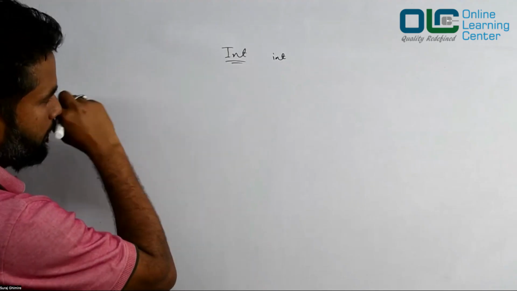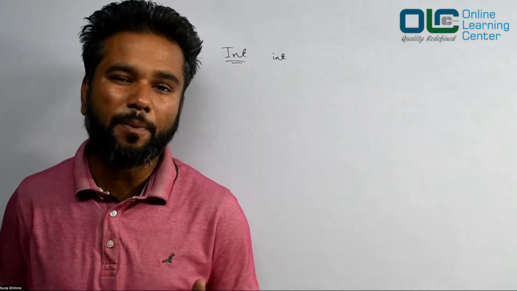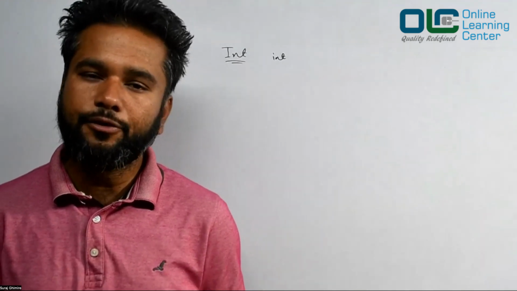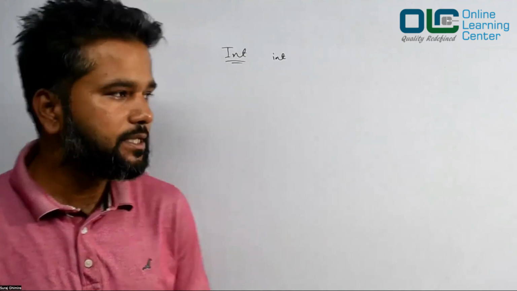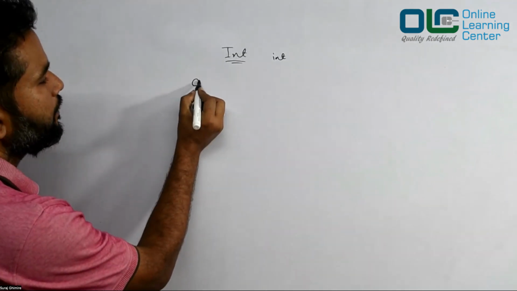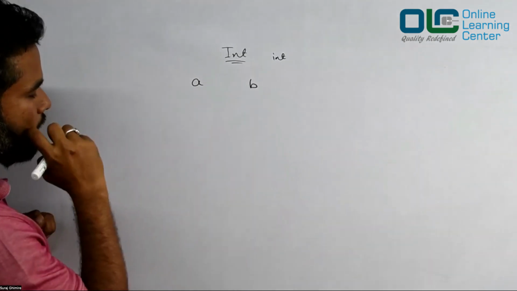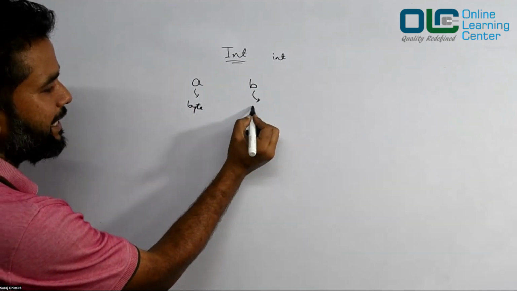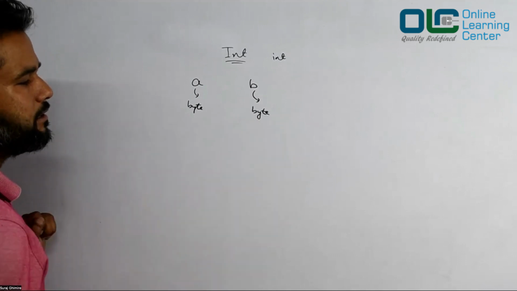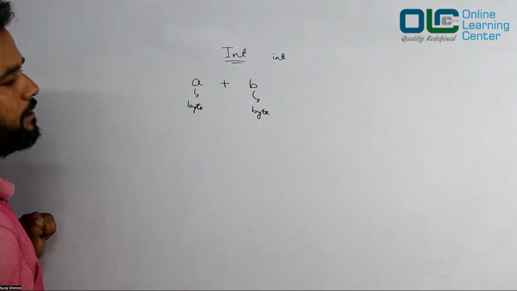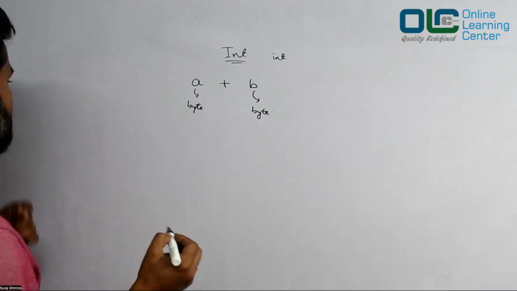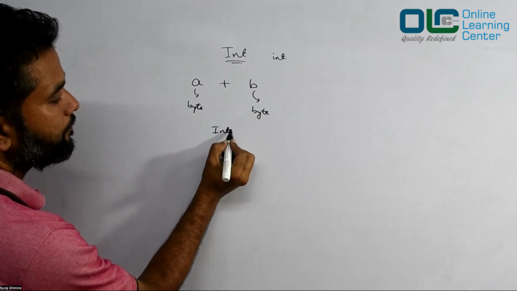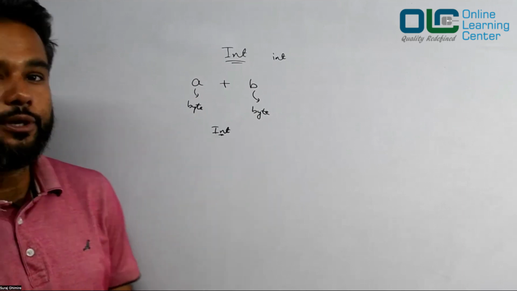Remember one thing: any arithmetic operation that you do in Java or Scala will ultimately give you an integer, which means if you have A and B, and A is of byte type and B is also a byte type or character type, whatever it is, when you do an arithmetic operation like plus, minus, into, divide, modulo, it always gives you an integer. That's the first rule that you need to understand.